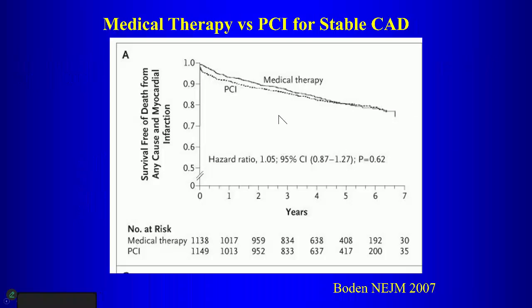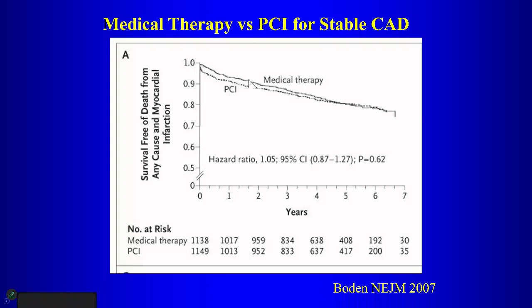So this was a problem that was well known. Here, this is comparing the survival, so here's the survival curve, of patients who were getting medical therapy for coronary artery disease versus patients who were getting intervention, who were getting cardiac cath and then stenting or angioplasty of their stenosis.